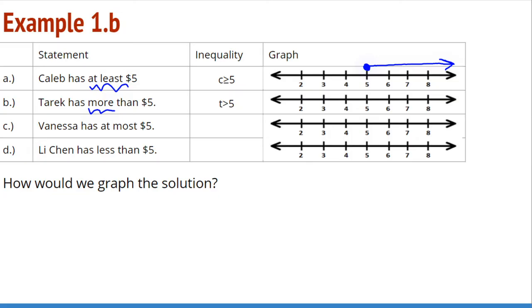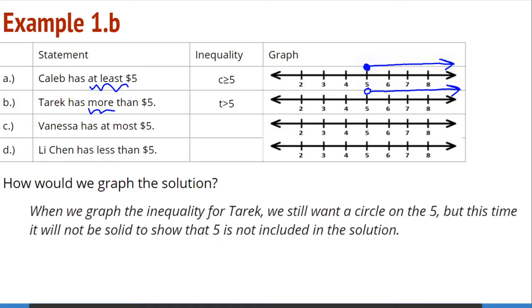So as we use these number lines, we'll start at 5, but we won't fill it in because he's not equal to 5. What we will do is include everything greater than 5. When we graph the inequality for Tarek, we still want a circle on the 5, but this time it will not be solid to show that 5 is not included. 5 is not part of the solution, but everything to the right of 5 is.